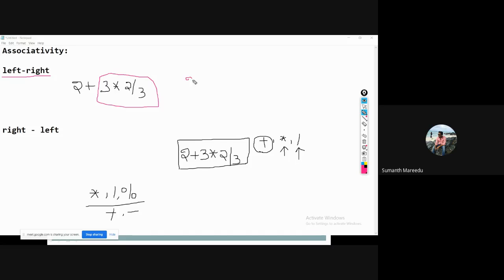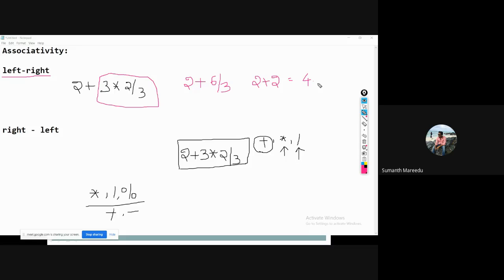So this becomes 2 + 6 / 3, and this becomes 2 + 2, and that becomes 4. If you first apply the division operation, you will get a different answer. 2 divided by 3 is 0, you apply 3 * 0, that is 0, and 2 + 0, the answer is 2.